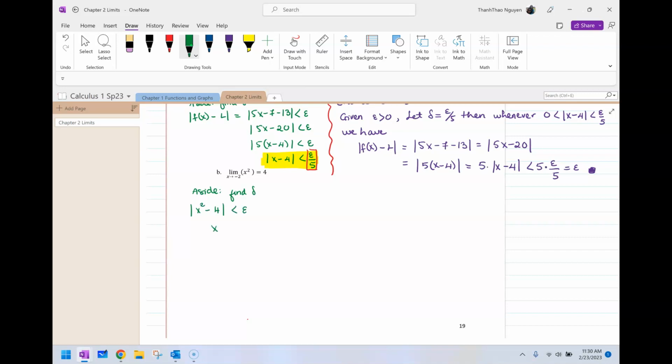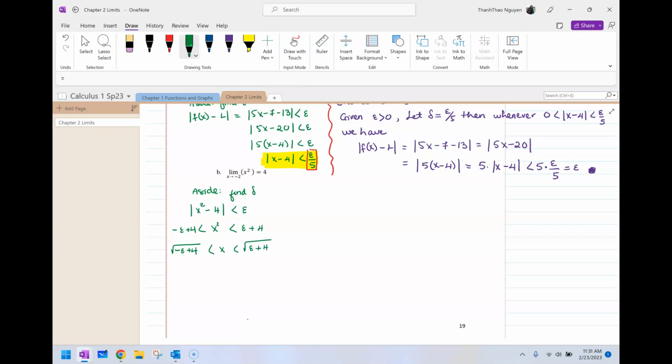So x squared is greater than negative epsilon plus 4 and less than epsilon plus 4. This means x is between the square root of negative epsilon plus 4 and the square root of epsilon plus 4.